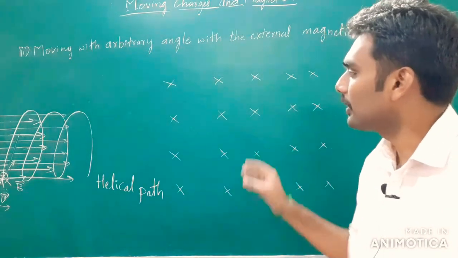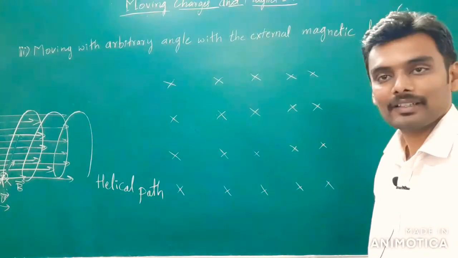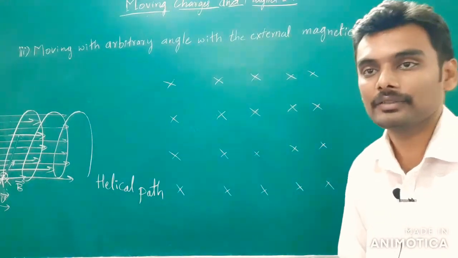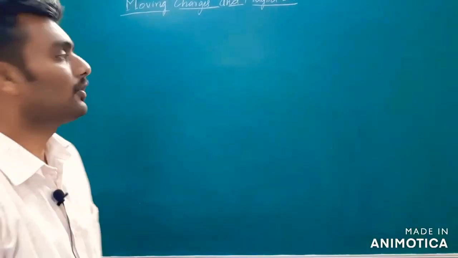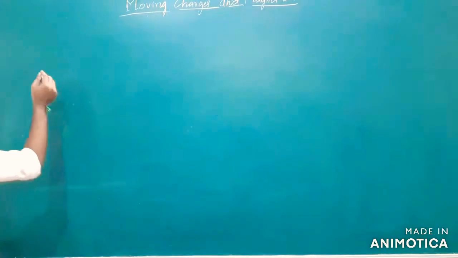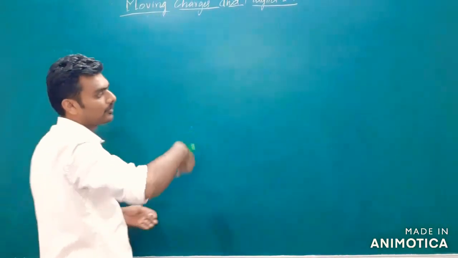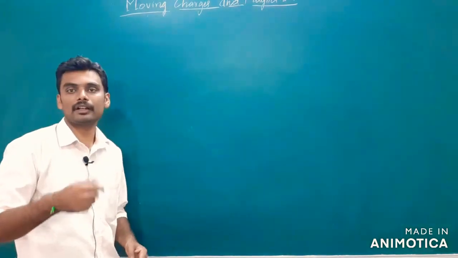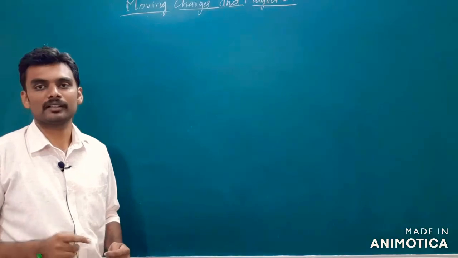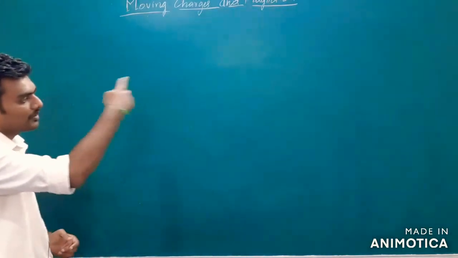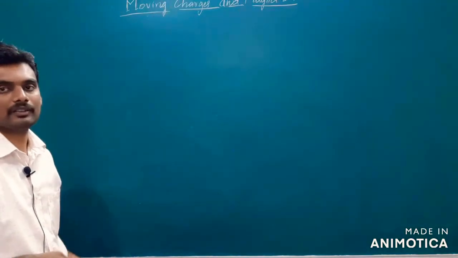So now let us look into the mathematical details of the second and the third case. Let us take the second case first, then come back to the third case. This is an important derivation. See, I just represented the circular path traced by the body when the body is thrown perpendicular to the magnetic field, right? Now if the path is circular, that circle should have a radius, right?